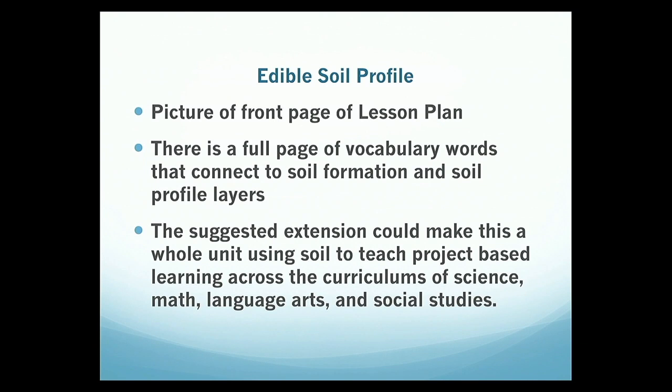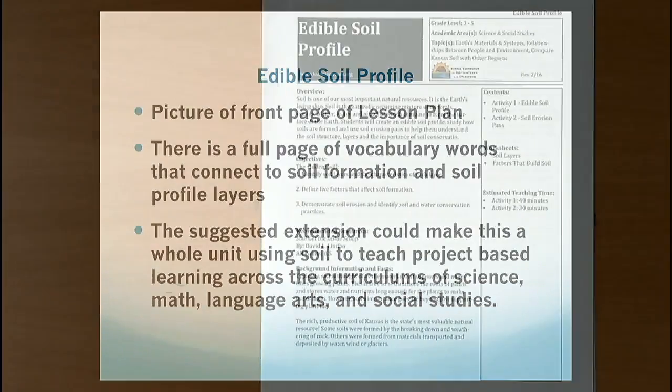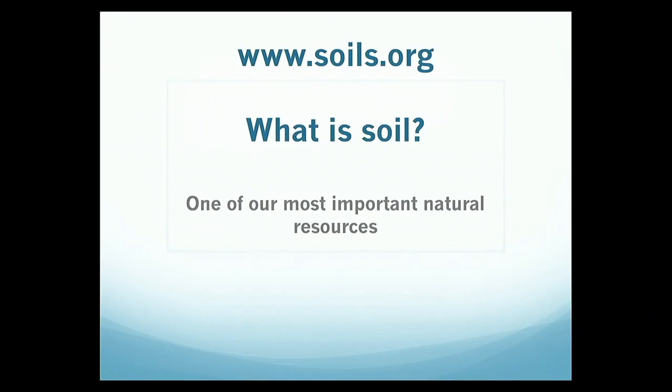There's also a full page of vocabulary words, and in this case, those connect to the soil formation and soil profile layers. And at the back of the lesson plan, there are extensions that could make this a whole unit if you would like, where you can use soil to teach project-based learning across the curriculums of science, math, language arts, and social studies.